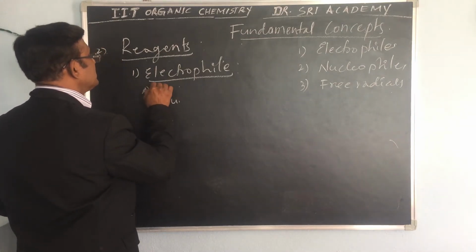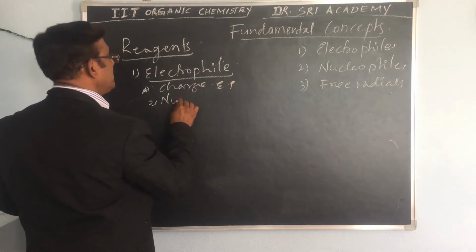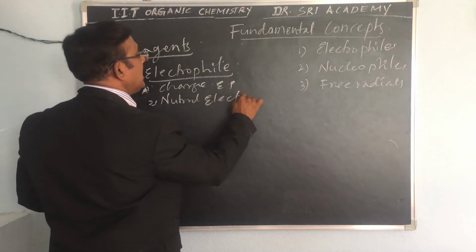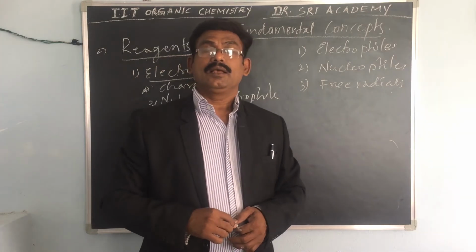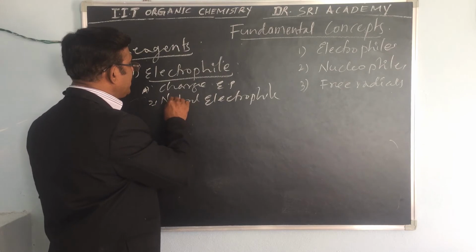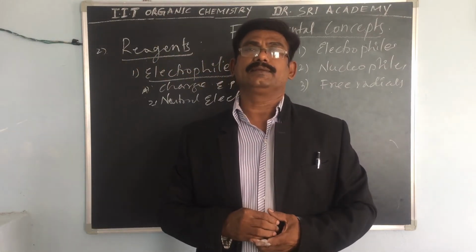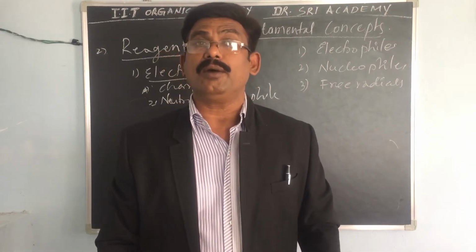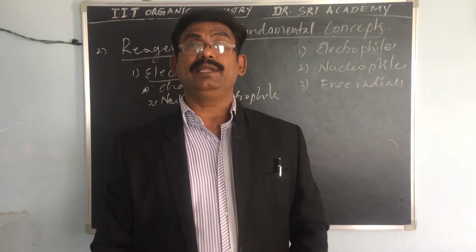The first is charged electrophiles and the second is neutral electrophiles. So neutral electrophiles are neutral covalent compounds in which the central atom has an incomplete octet.